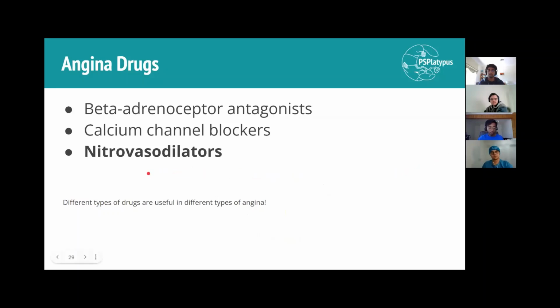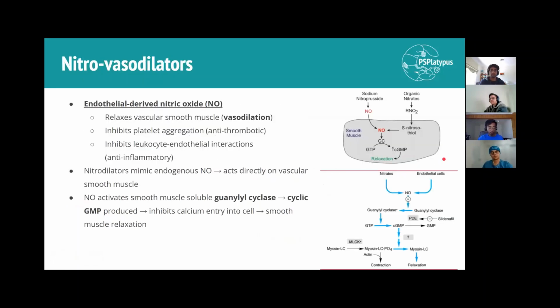Okay, so nitrovasodilators. This is a relatively new system, or just something a little bit different. Essentially, our endothelium releases nitric oxide, which relaxes vascular smooth muscle and causes vasodilation. That's just the key thing.